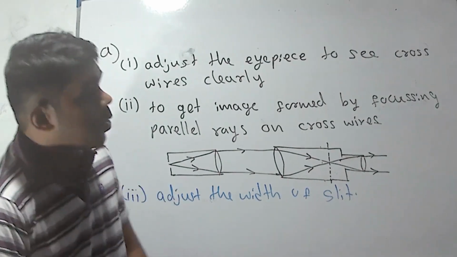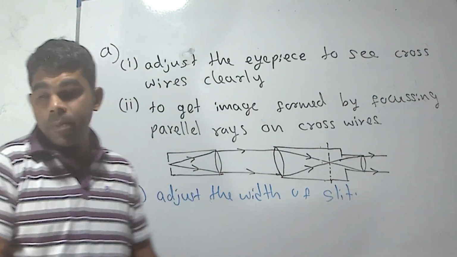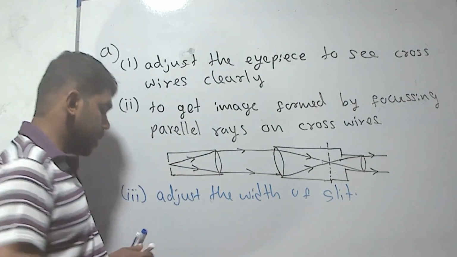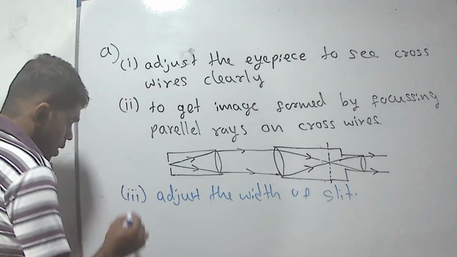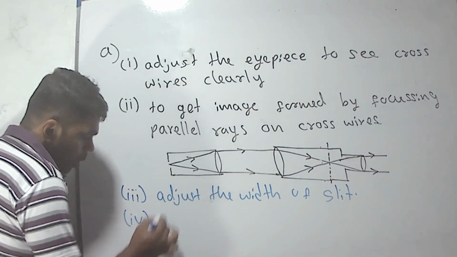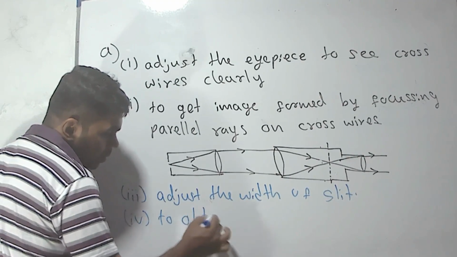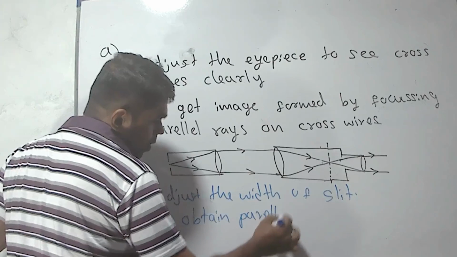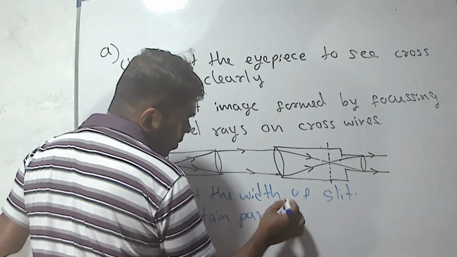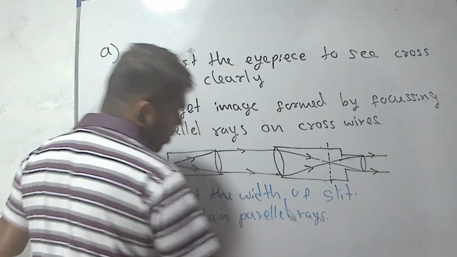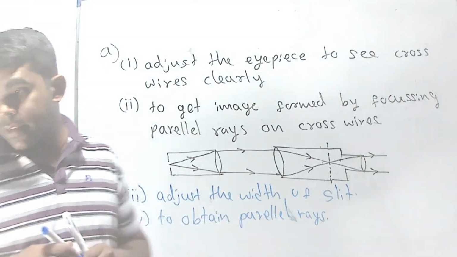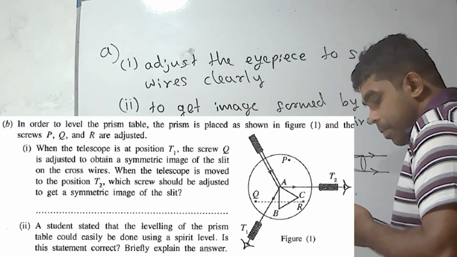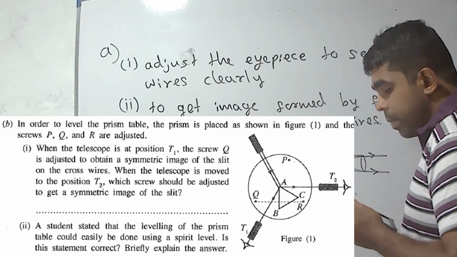We can write: to obtain a parallel beam by using the collimator. Then the answer for part 4 is: to obtain parallel rays.